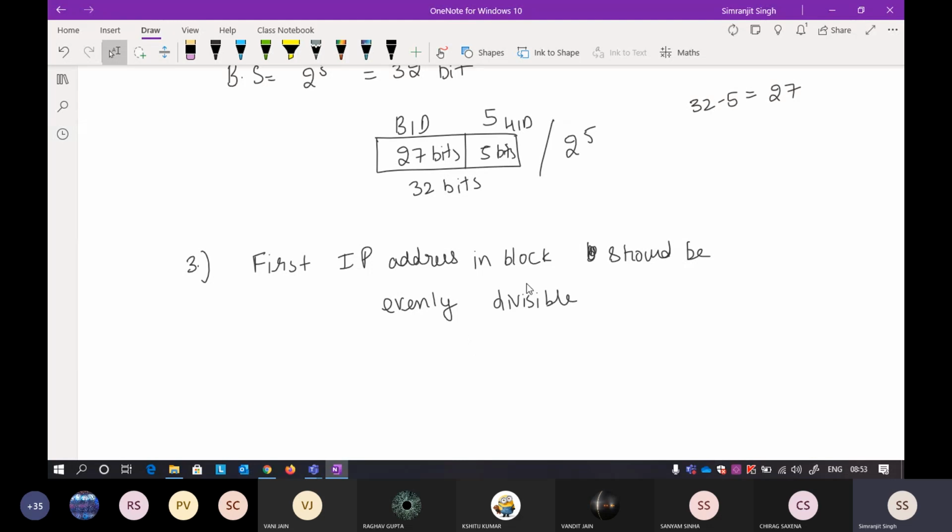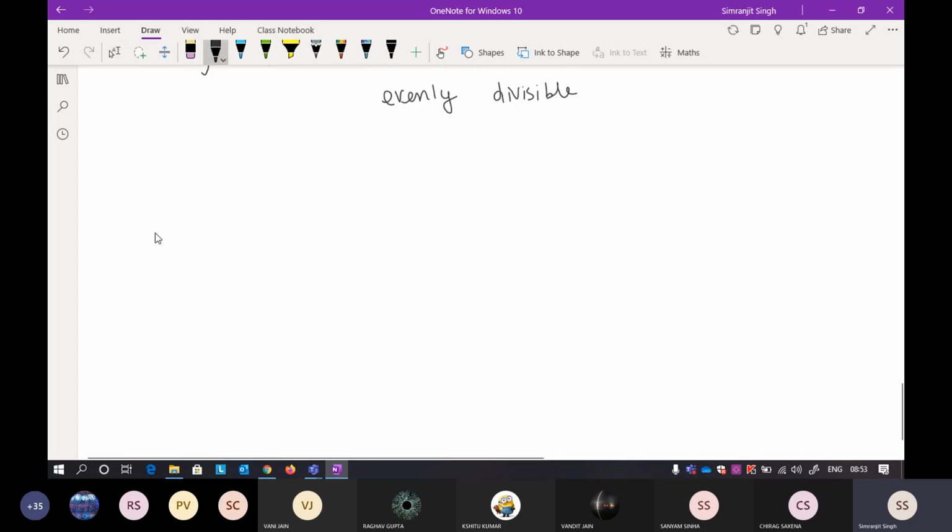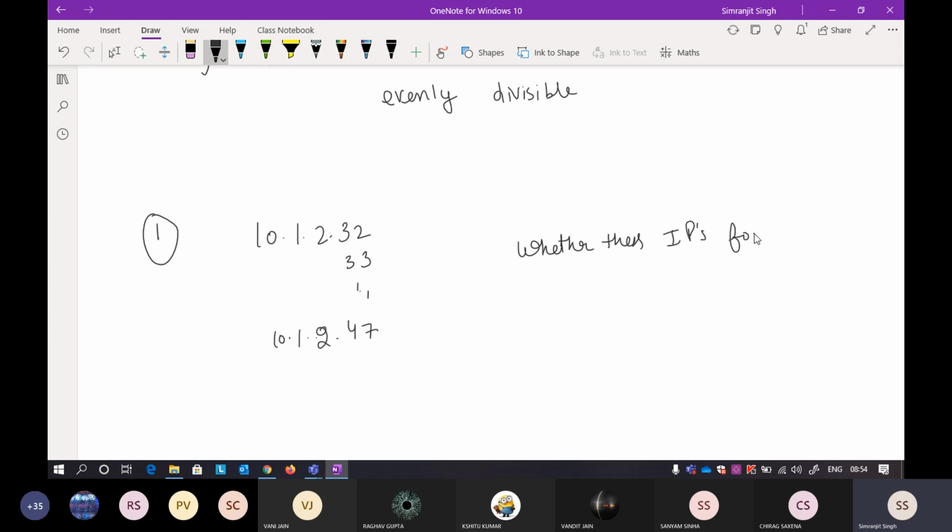I'll show you with examples, so you will get what the meaning of it is. Suppose you are given some block, like 10.1.2.32, 33 up to 10.1.2.47, and you are asked whether these IPs form a CIDR block.